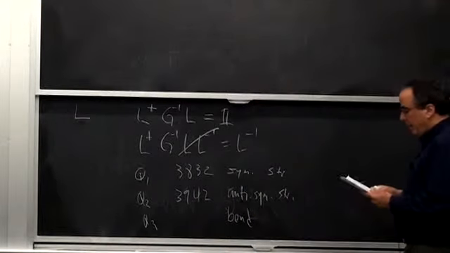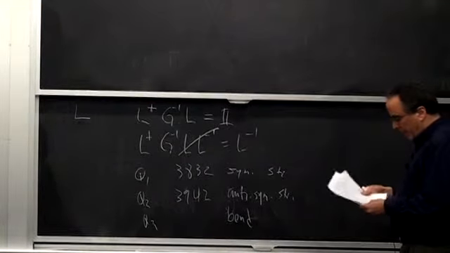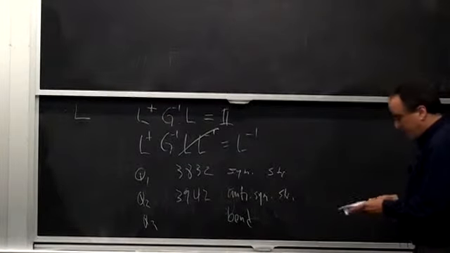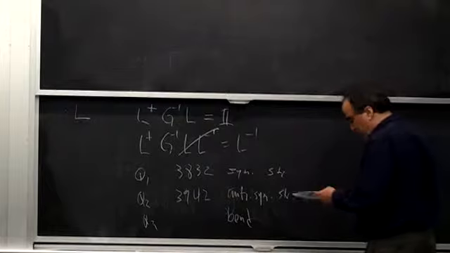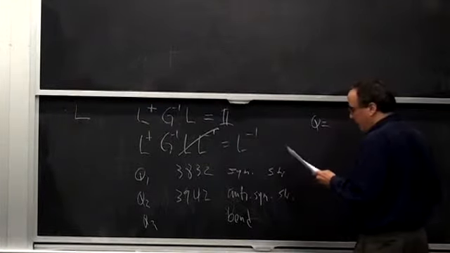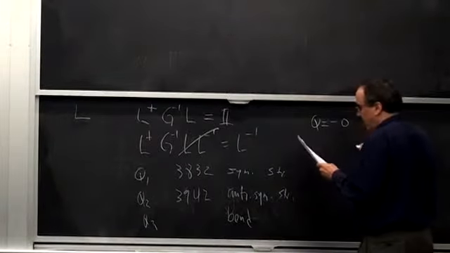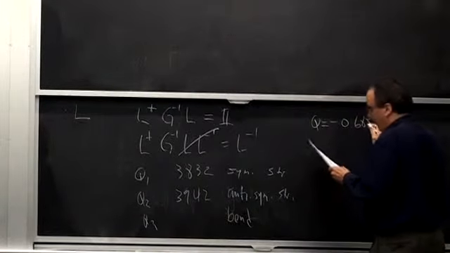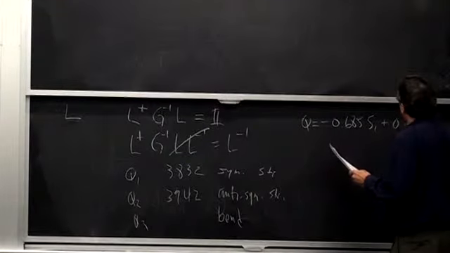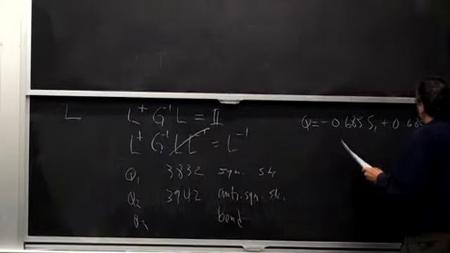Okay. Now, in describing the various normal modes, Q1 is written as minus 0.685 S1 plus 0.685 S2.